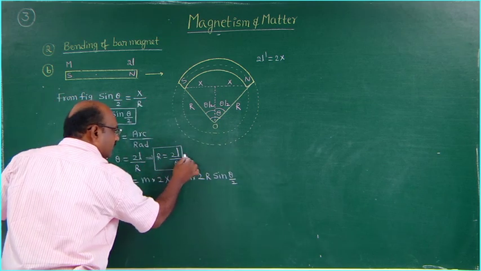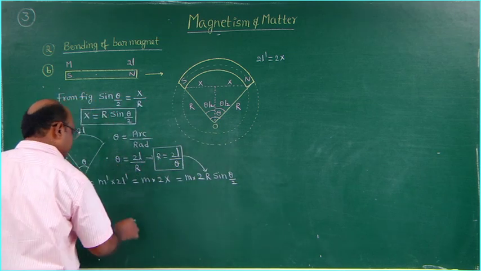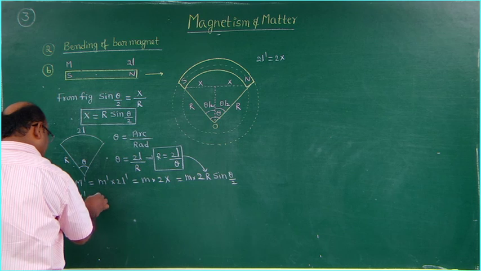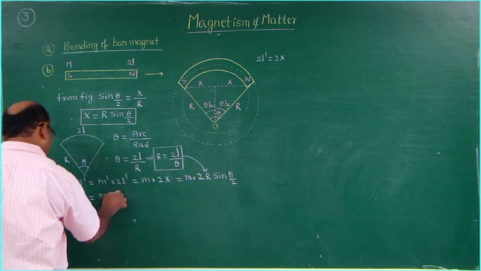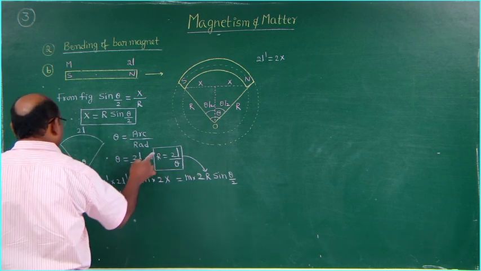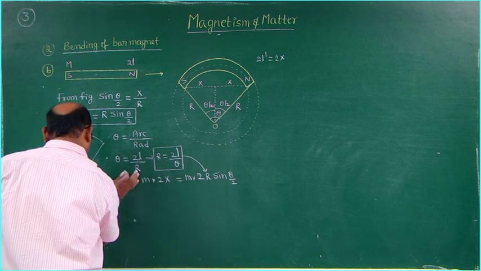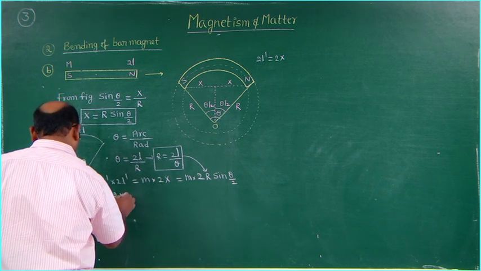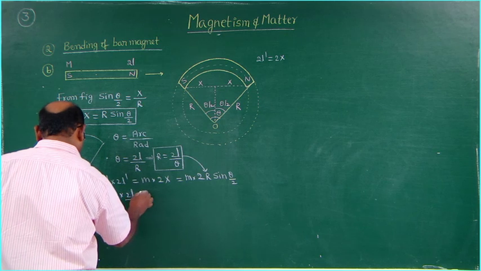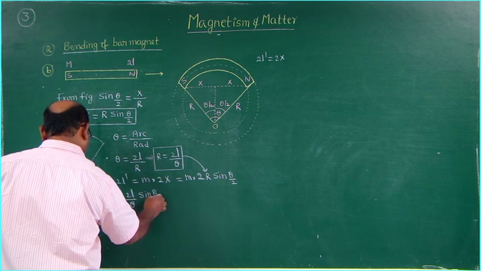Now instead of r, substitute this one here. Therefore the new magnetic moment m dash is equal to small m into 2 into 2l by theta into sin theta by 2.